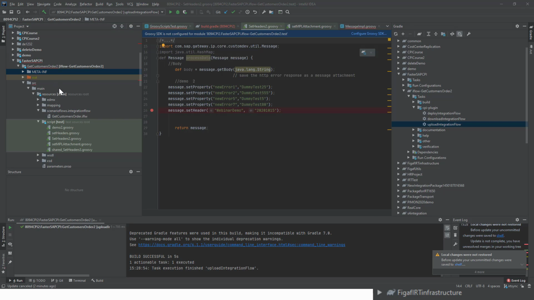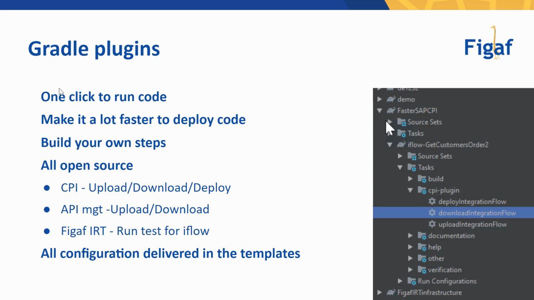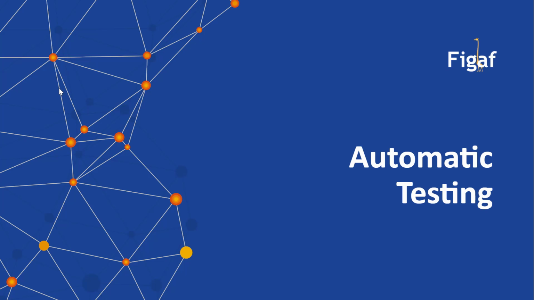But yeah, the challenge is which Git flow do you want to use and how does all of this fit together. Gradle plugins, they're open source. Automatic testing is one of the key concepts here, and we wanted to make it as simple as possible for users to be able to test, because sometimes it's a bit challenging to test SAP CPI.